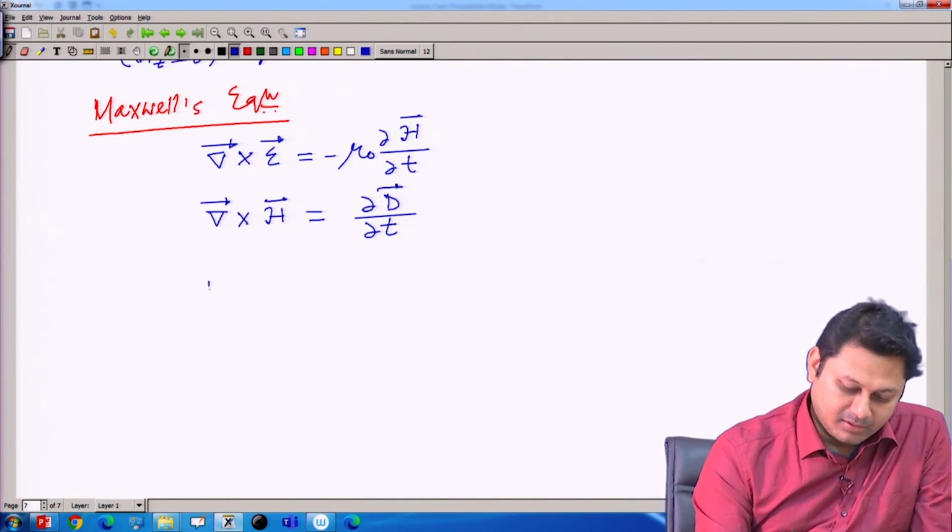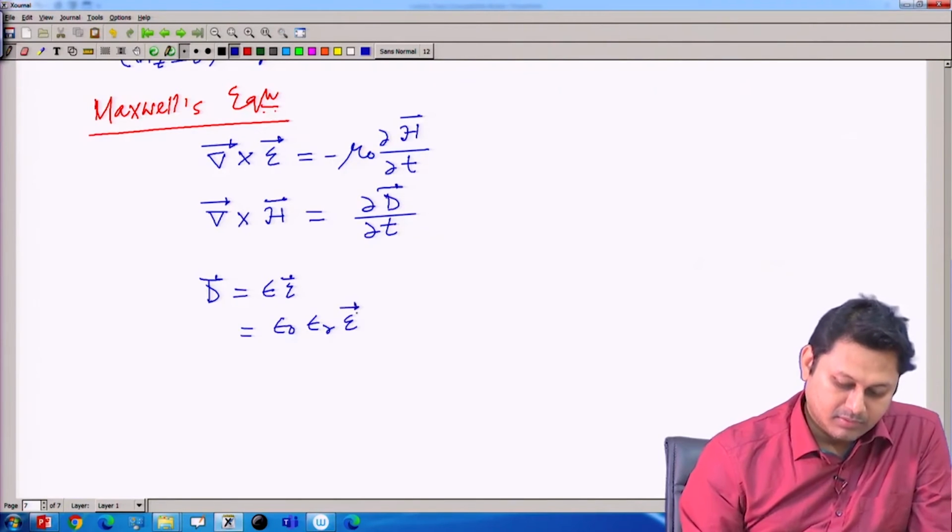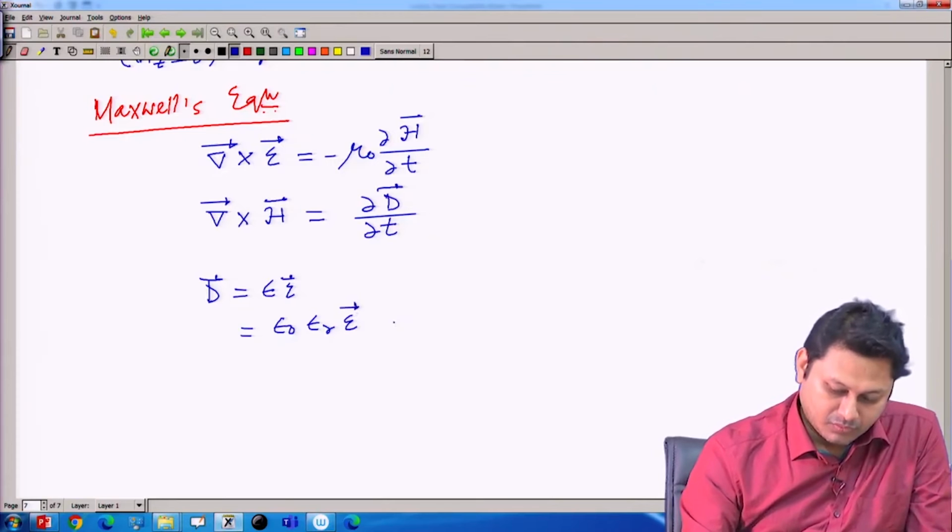Now, D is epsilon times E, which is epsilon 0 epsilon r E. So, from here I can write it is epsilon 0 n square x E. Why is it n square x? I will explain.